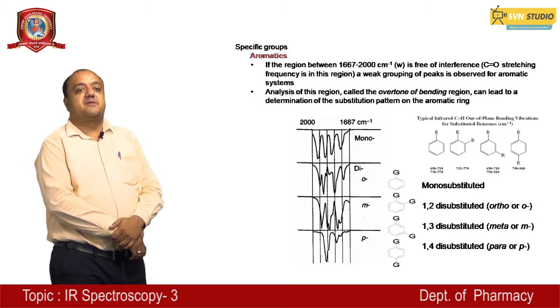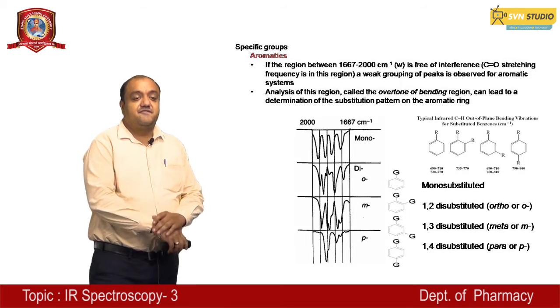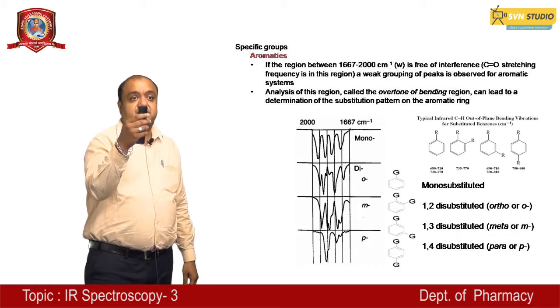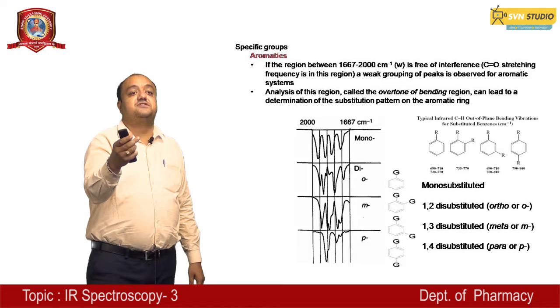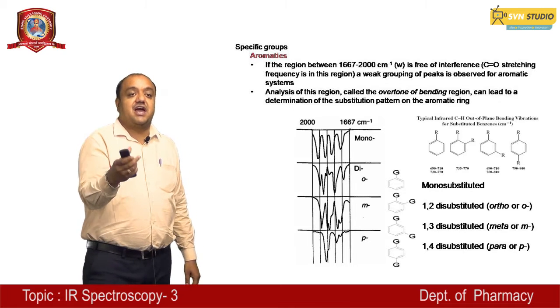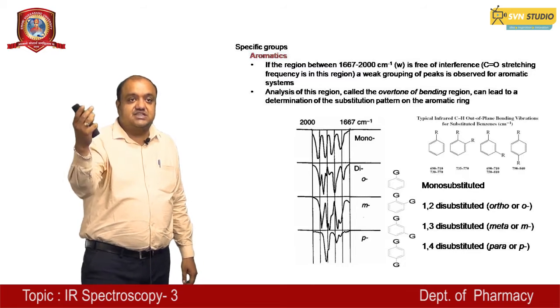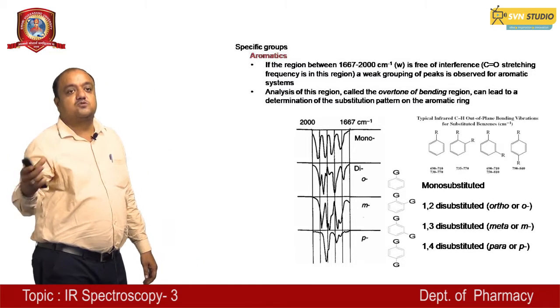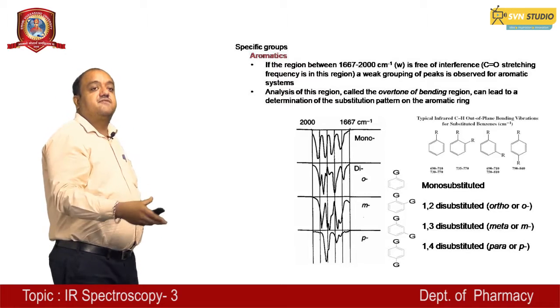to a determination of the substitution pattern on the aromatic ring, which differentiates the ortho, meta and para substituents of the aromatic ring like benzenes, and their region is 1667 to 2000 centimeter inverse, and they give the following types of spectra.